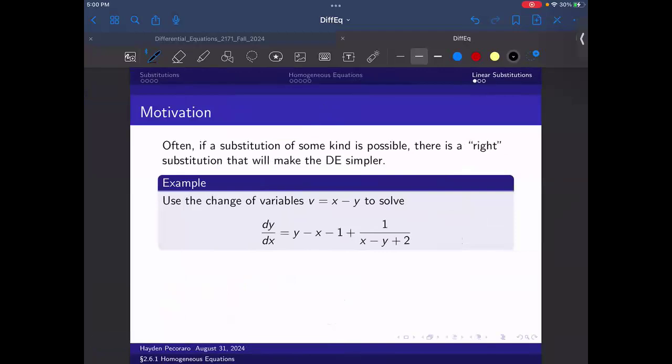All right, so last thing is these linear substitutions. And here's our motivation. There's usually a right substitution if a substitution is the right method to go for. There's usually a choice that will make things easiest. Because sometimes you can choose all sorts of different things for u substitution in Calc 2, and one of them will work better than the others. Same thing for differential equations.